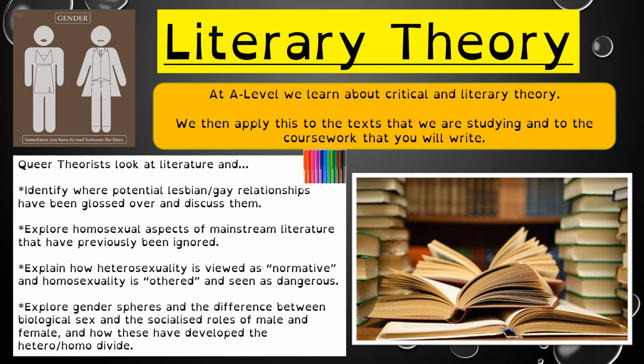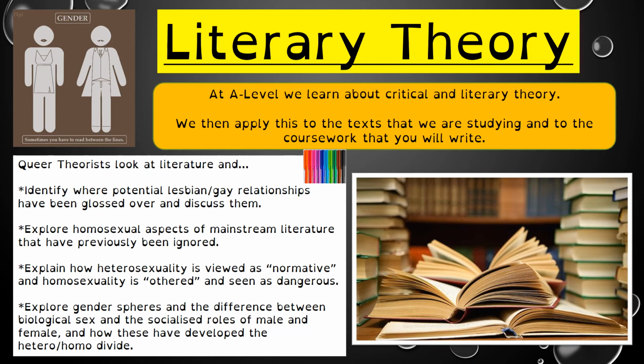So they look at the kind of context and how this might have shaped some of the texts that we look at, and they try to take texts that don't seem to perhaps have any obvious homosexuality in them, and they look at perhaps the underlying ideas behind it. So for example, let's take Jekyll and Hyde. You've all had a look at it whilst you were in year 11.